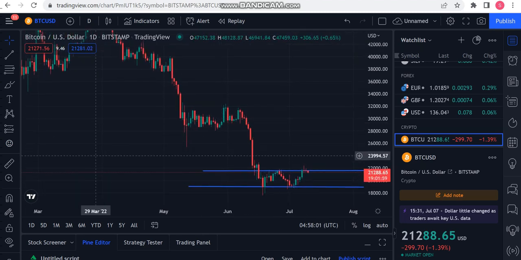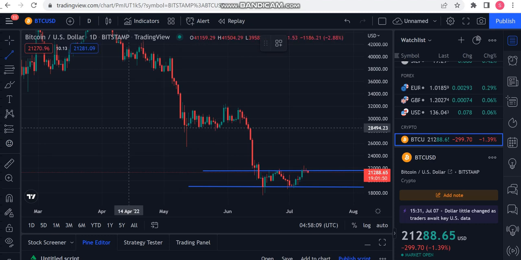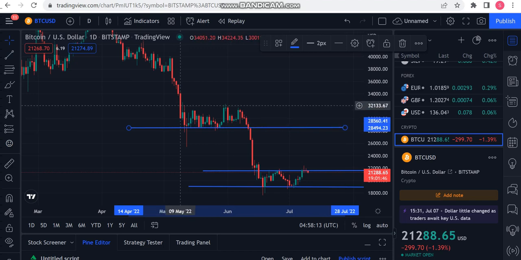Let's see another example. Over here the price is consolidating, so we can see what the support line would be. So you can see right here, this is the psychological support line, because the price touches this area, bounces right back off, touches this area again, bounces right back off.